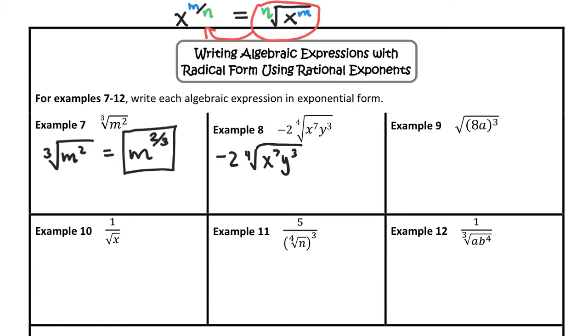Now that we have it like that, the negative 2 is just going to come over, and then we have x and y. We want to change it from radical form to fraction exponents. So it's the number inside divided by the one outside. The x has a 7 over 4, and the y has a 3 over 4.